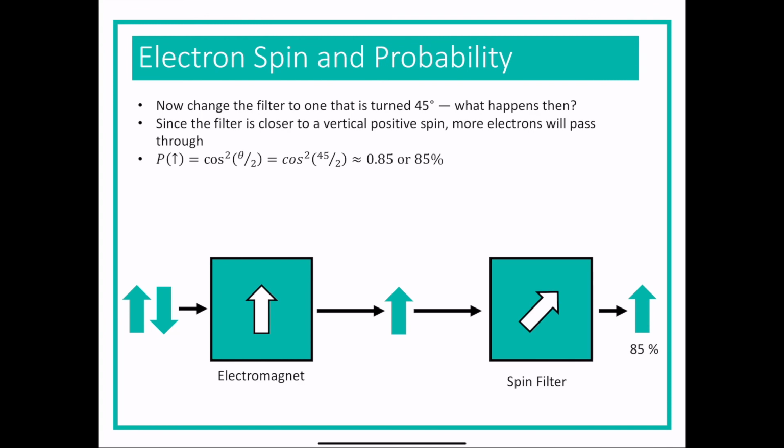So it's a little bit more than 75%, but that's a good guess. And there is a very smooth continuum: wherever you change that filter, as it gets closer and closer to vertical, you'll get more and more of them going through. That is one of the really weird things about quantum mechanics, because it shouldn't happen that way. Electrons should not be able to do that, and yet they do.